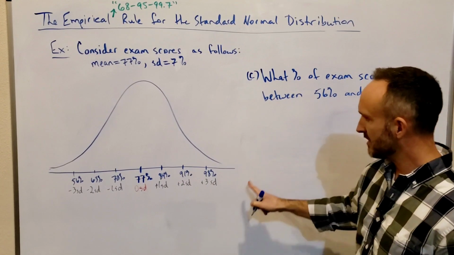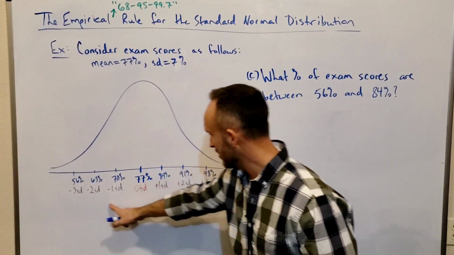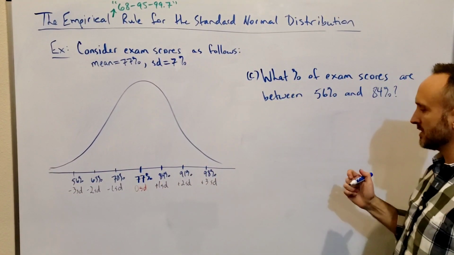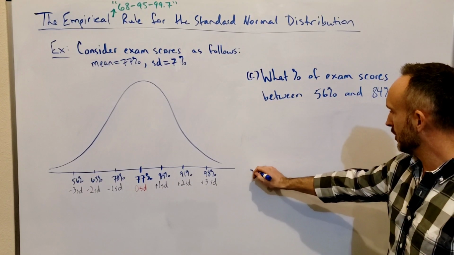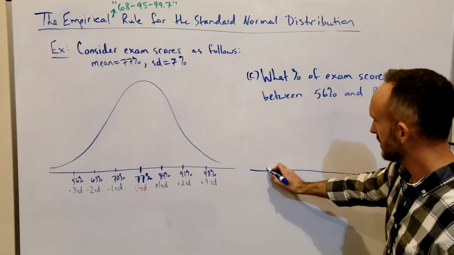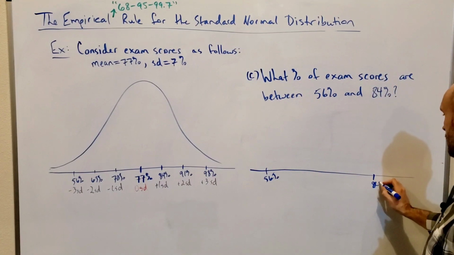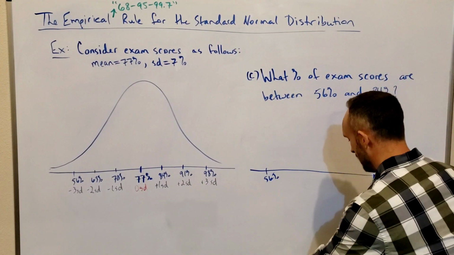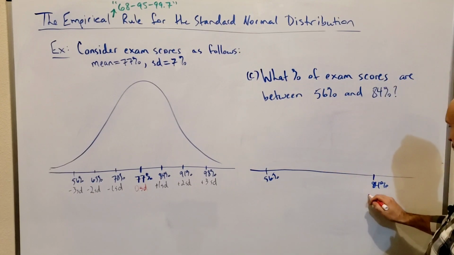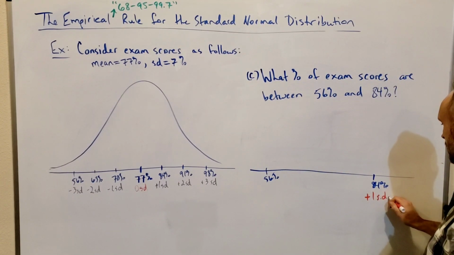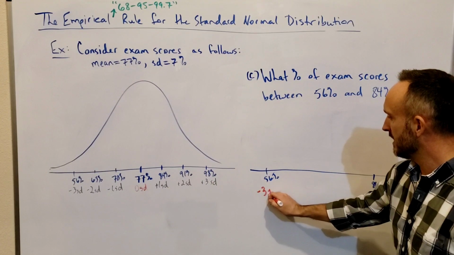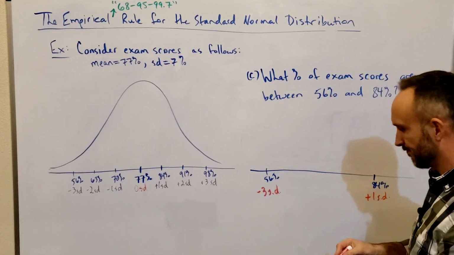So 56% goes out to 3 standard deviations and 84% is up to 1 positive standard deviation. So if I were to look at that, 56% is here, 84% is here. This guy is at +1 standard deviation, and this guy is at -3 standard deviations.